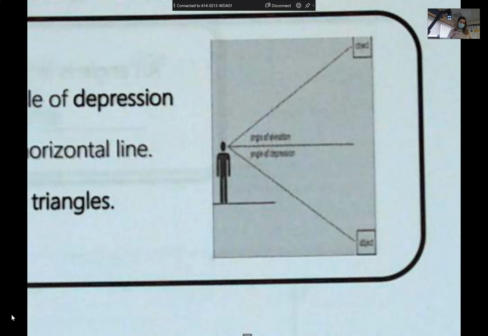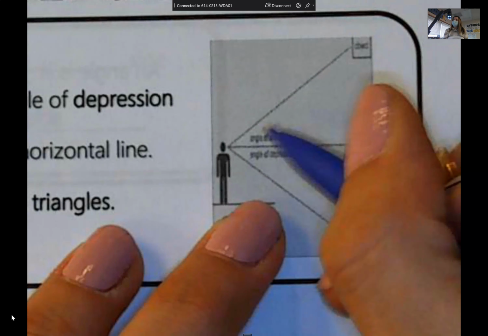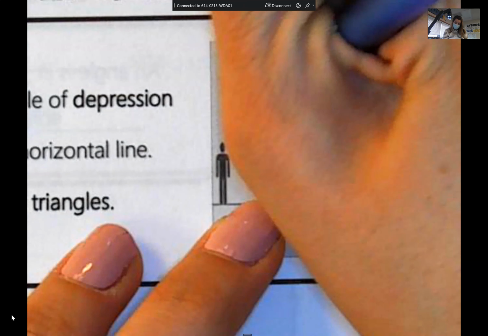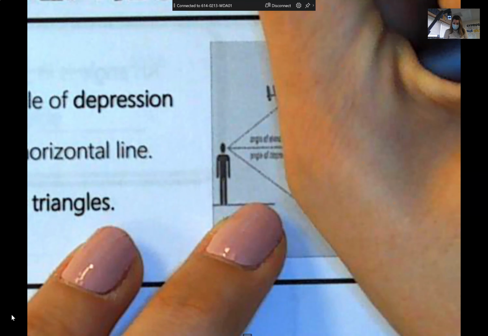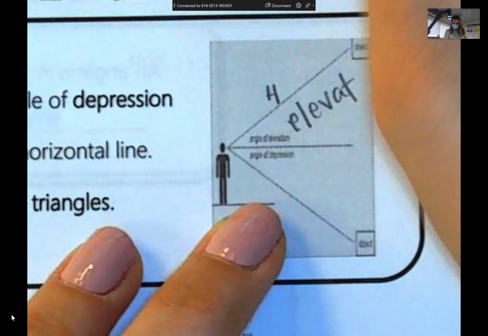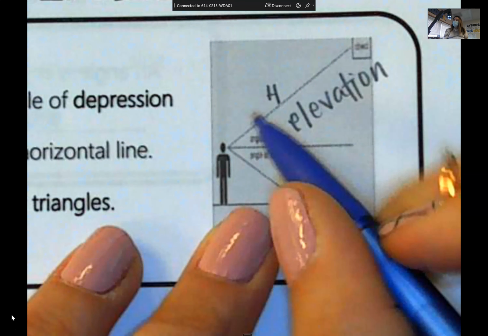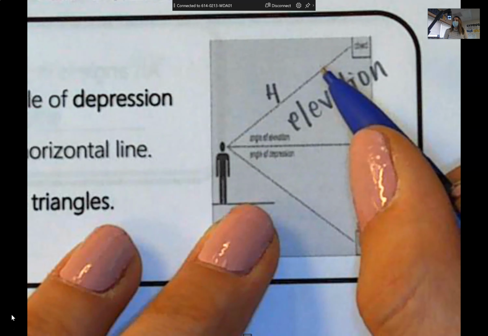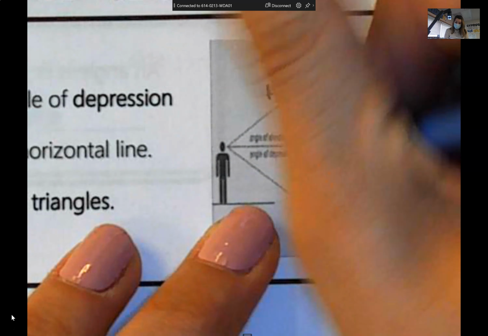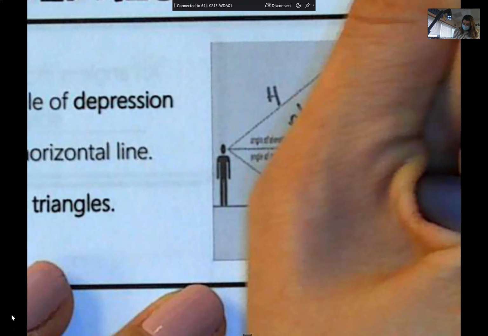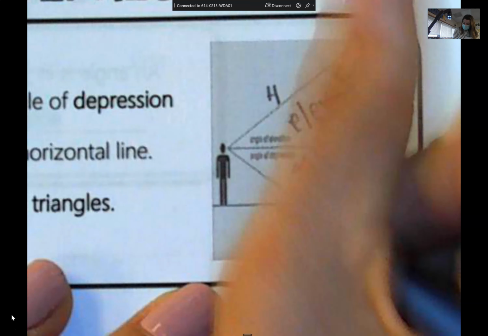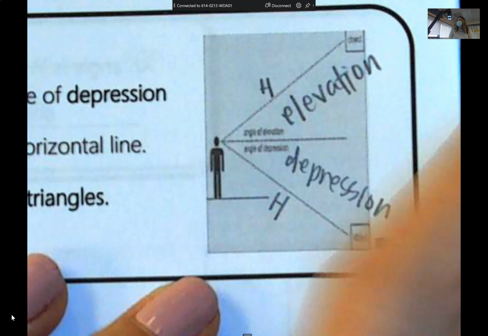All it means is that the hypotenuse is going up. So this is elevation: the hypotenuse is going up to the right. This is depression: the hypotenuse is going down toward the right.